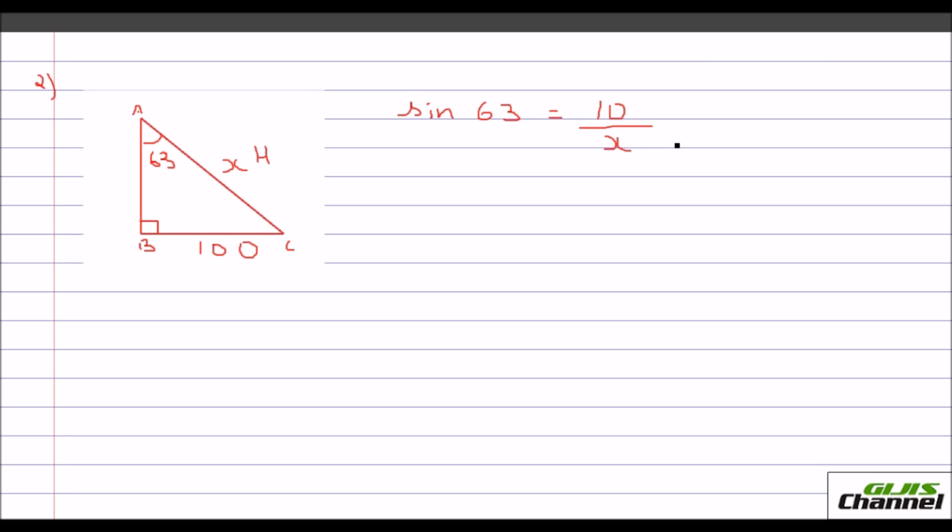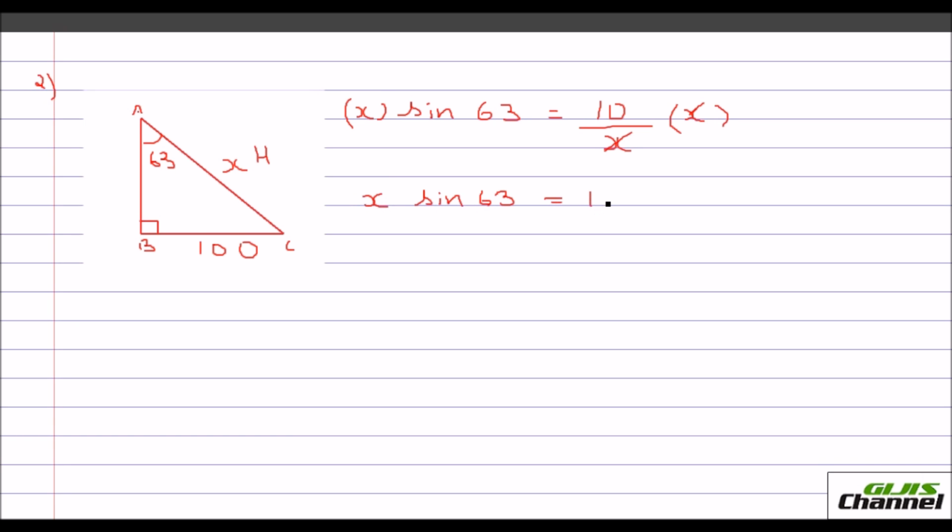Now, you have to undo this division by x, right? So, multiply both the sides by x. This x and x will get cancelled, and you would have x sine 63 equals 10.